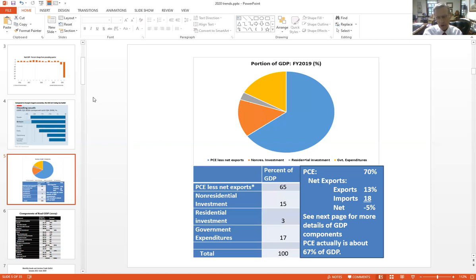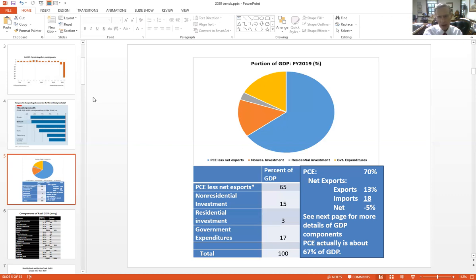And the footnote says that some of those personal consumption expenditures are from imports, and some of our consumption of products and services in other categories also are from net exports.